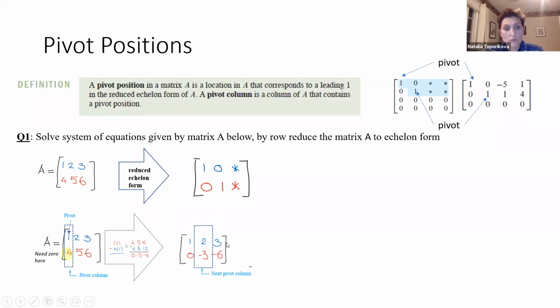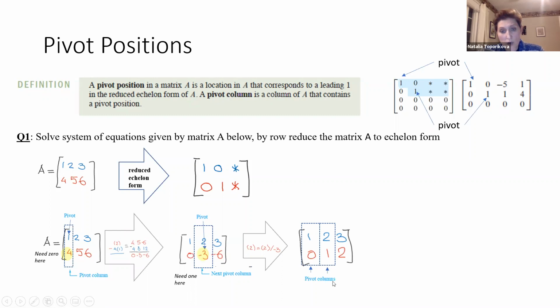Okay, so now we can move to the next pivot column. And this -3 should be our pivot element, but if it's our pivot element, it should be 1, not -3. So somehow we need to get the 1 here. Again, we can just divide the second row by -3, and we will get the desired 1 in the pivot position.